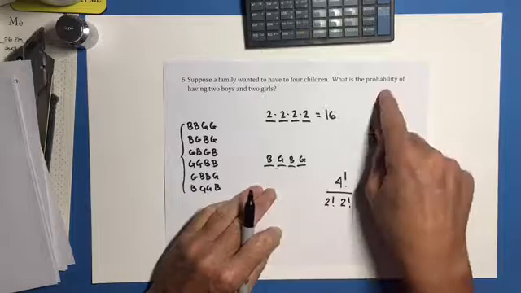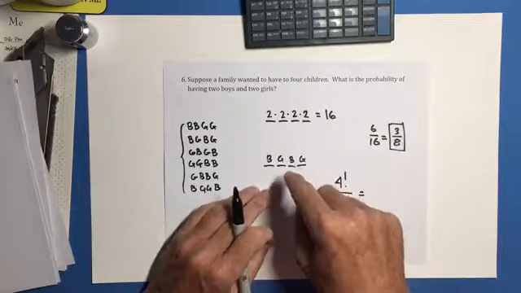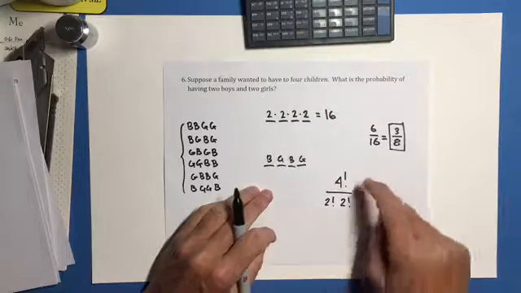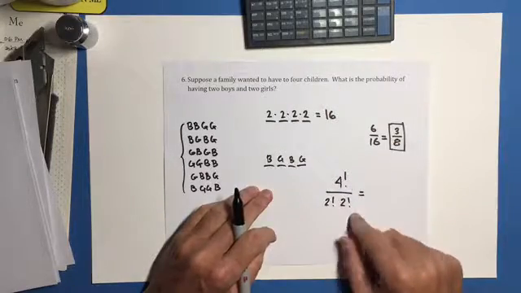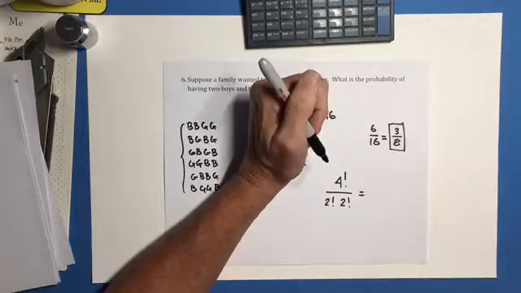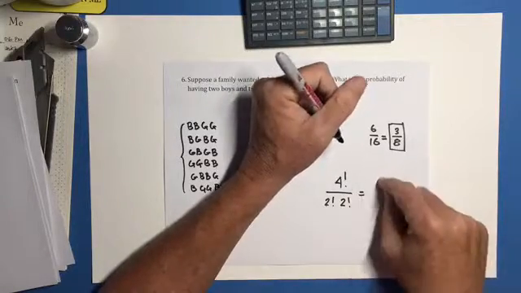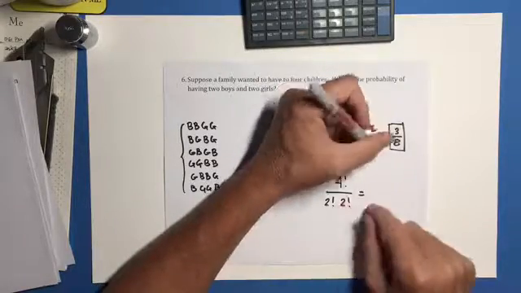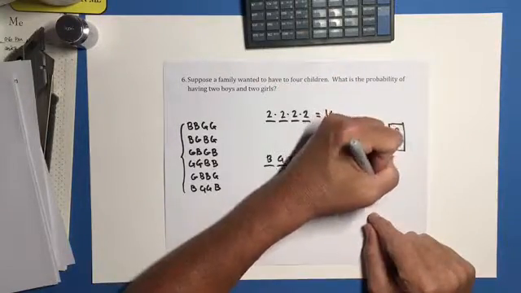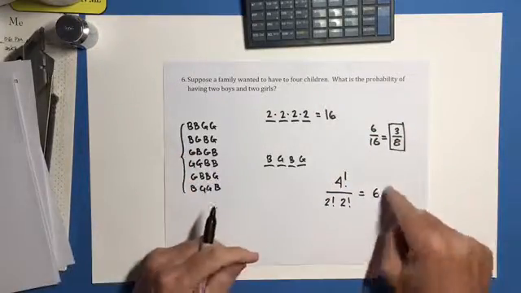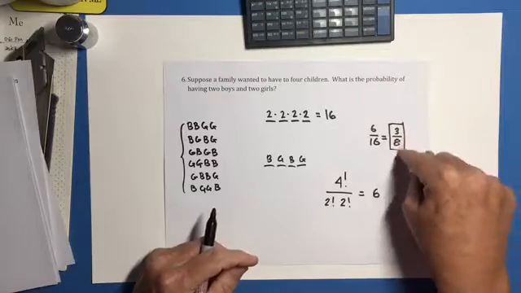So the number of ways to count 2 boys and 2 girls in 4 children is 4 factorial divided by 2 factorial divided by 2 factorial, which is 4 times 3 times 2 times 1, which is 24, divided by 4. That's 6, which we already knew. So 6 out of 16 ways, or 3 out of 8.